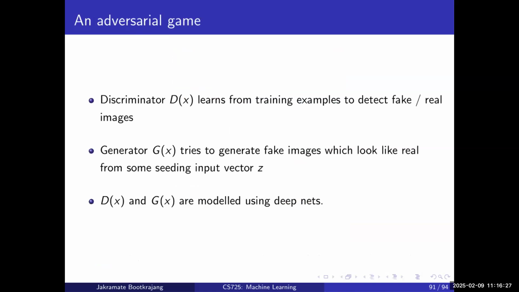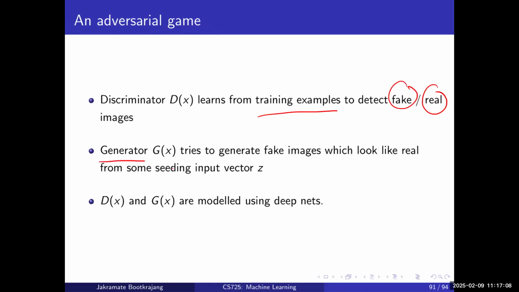So they would have two neural networks. One network would be the discriminator. The purpose of this network is to learn from training examples to detect fake or real images, right? So in your data set, you have real images, and then you have fake ones. And then you create a discriminator as a neural network to train on the data to check if the image is real or not. And then we have the generator.